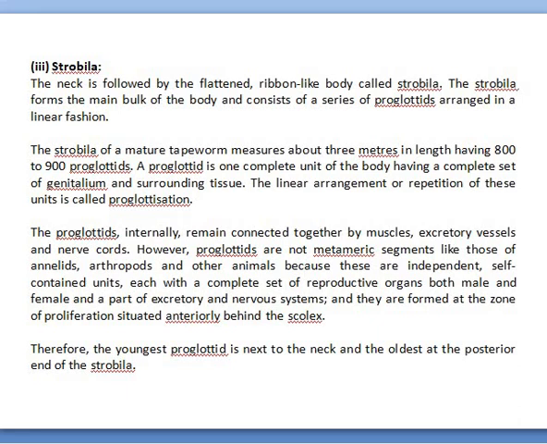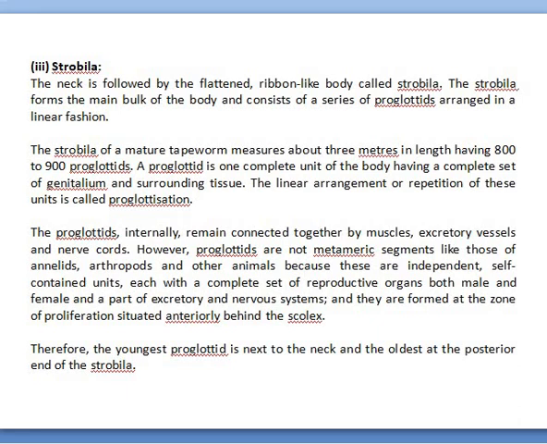The strobila of a mature tapeworm measures about 3 meters in length, having 800 to 900 proglottids. A proglottid is one complete unit of the body having a complete set of genitalia and surrounding tissues. The linear arrangement and repetition of these units is called proglottization. The proglottids remain internally connected by muscles, excretory vessels and nerve cord.